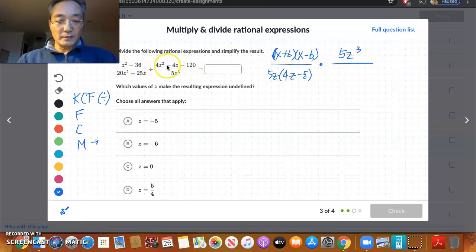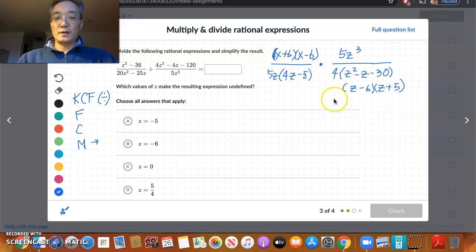It looks like I'm going to have a 4 as our greatest common factor, and that's going to leave me with z squared minus z minus 30, which can further be factored. This trinomial can be factored into (z minus 6)(z plus 5).